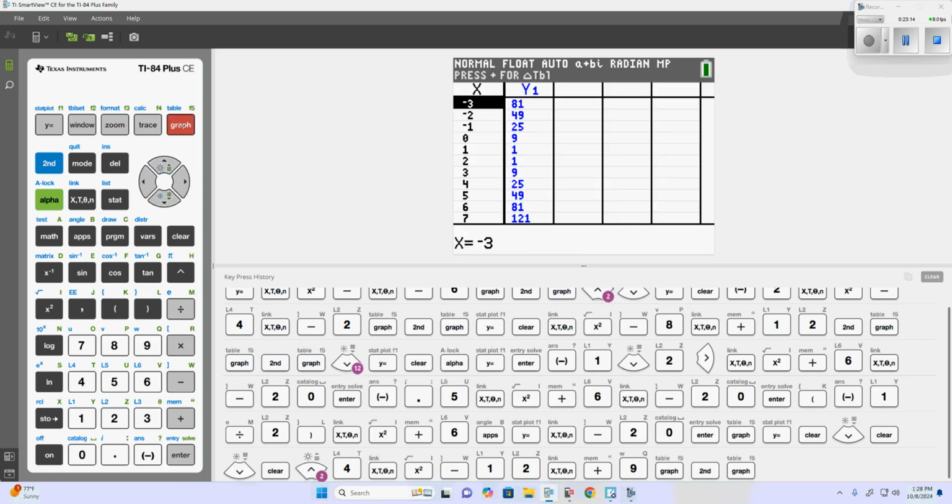We can go second table. What value of x makes the y value be 0? Is there one listed there? Ooh, that got exciting. Forgot that was empty. Is there one listed? No. So there is a solution. It's just not an integer. It's rational.